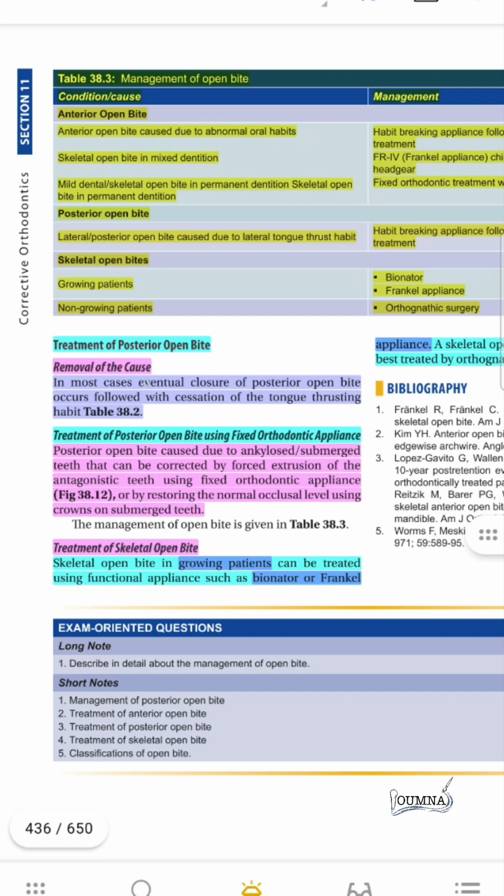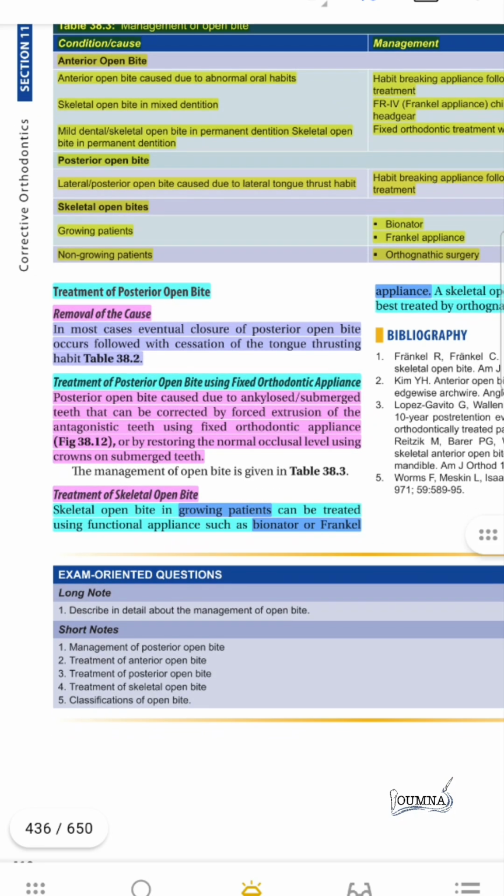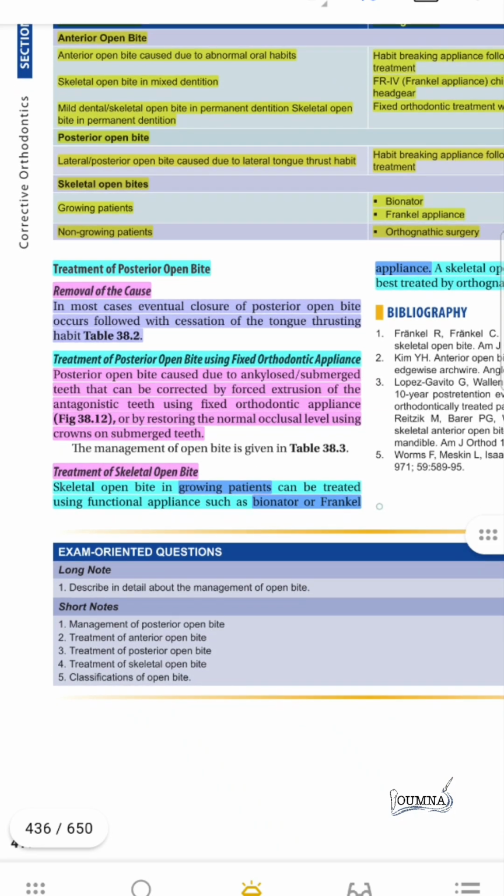Then we follow it with fixed or removable orthodontic appliances.